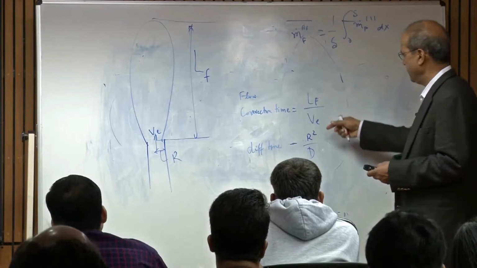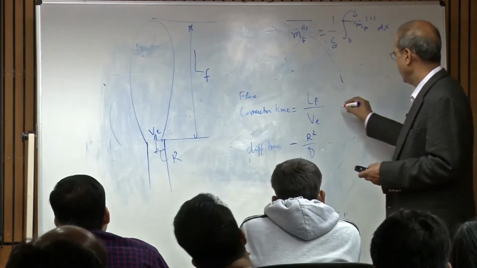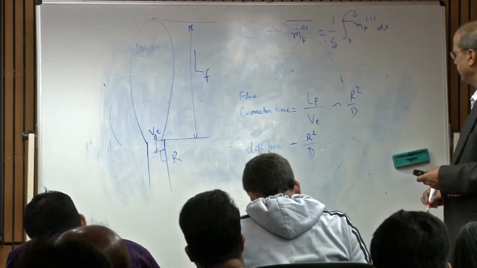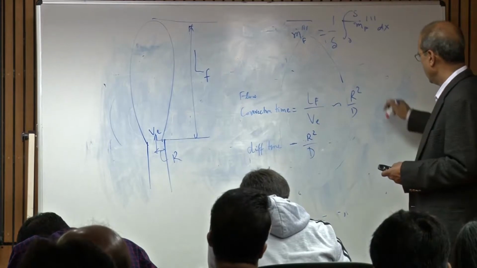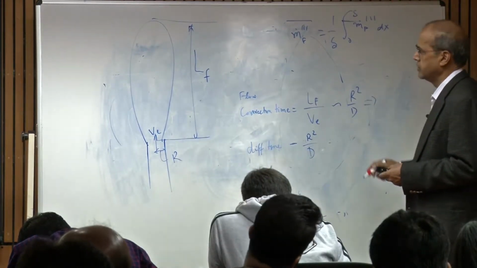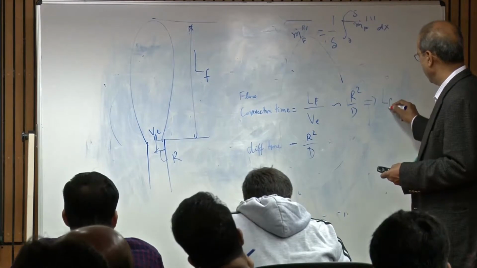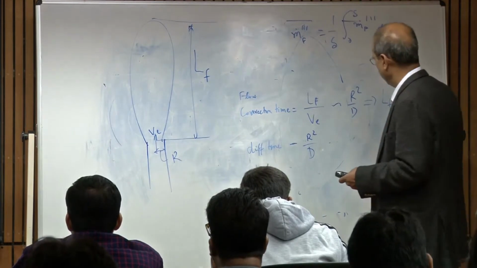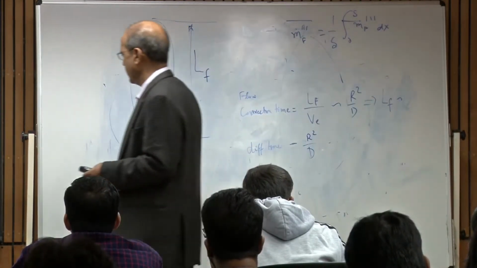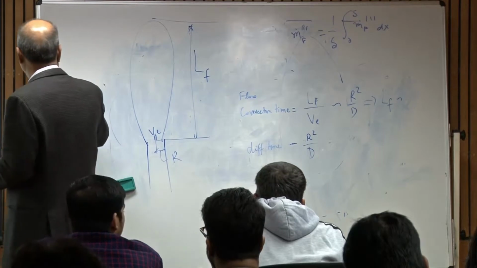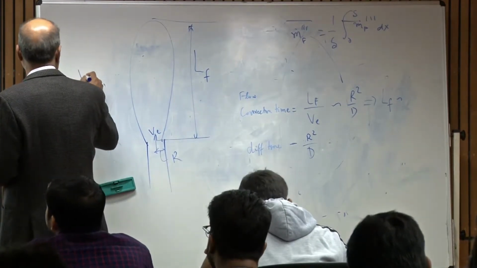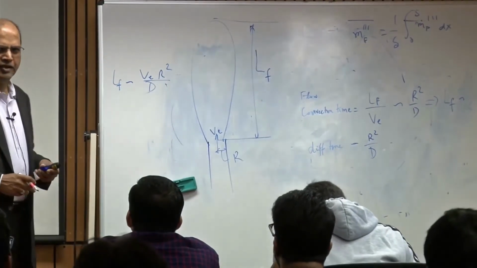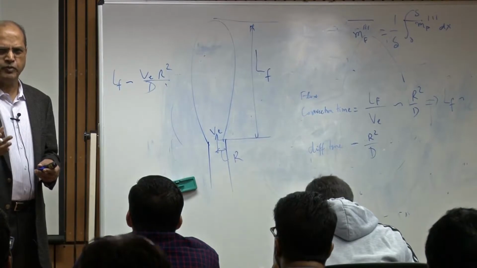Since there is a balance between the convection and diffusion, we can equate these two characteristic times. This gives us a very important result, that the flame length is proportional to V R squared over D. This is a very fundamental relation which can be proven experimentally.